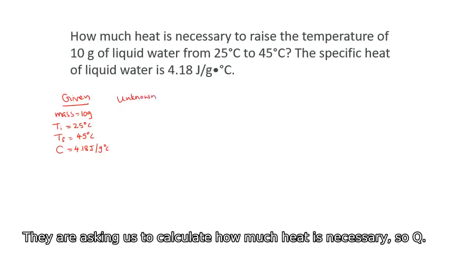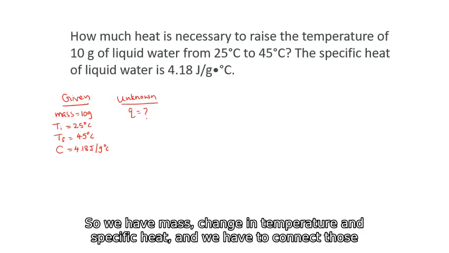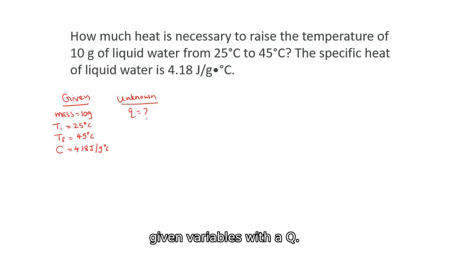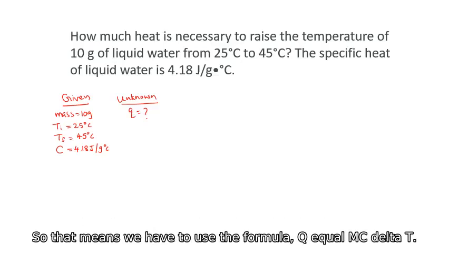They are asking us to calculate how much heat is necessary, so Q. We have mass, change in temperature, and specific heat, and we have to connect those given variables with Q. So that means we have to use the formula Q = mcΔT.